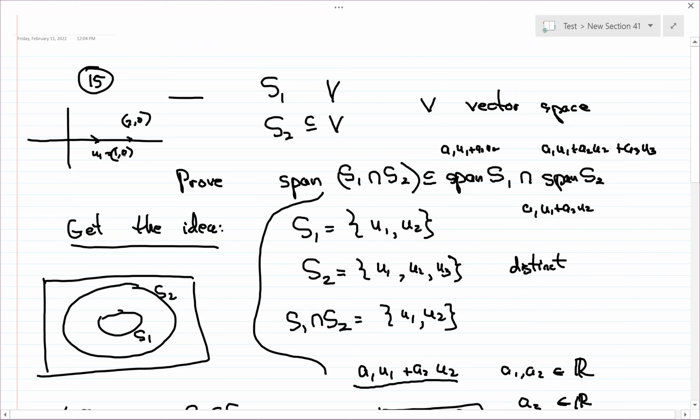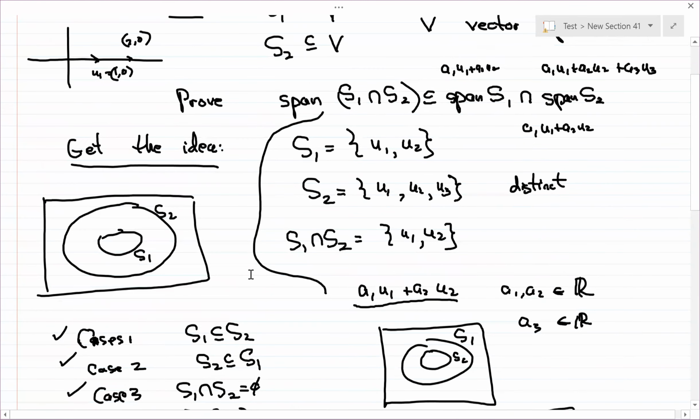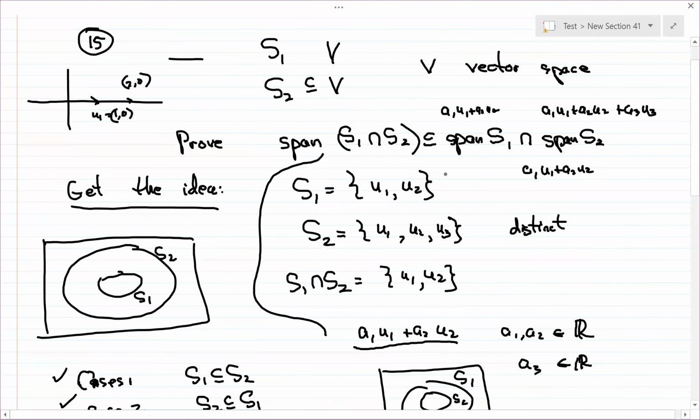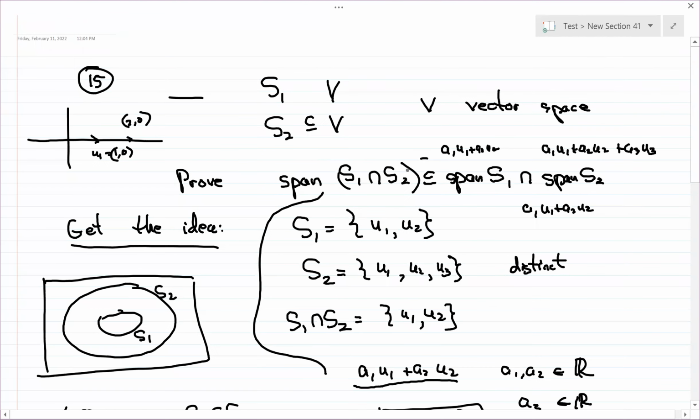And then on the other side, when you take the intersection first, you just get the 0 vector. So that would be an example where this is not equal to that. Because on this side, you just get the 0 vector, and on this side, you get the one-dimensional x-axis line. Okay, so that's an example where what's on the left is less than what's on the right.